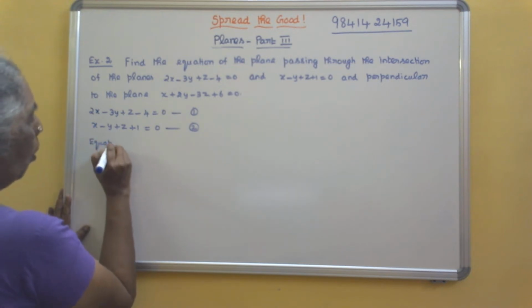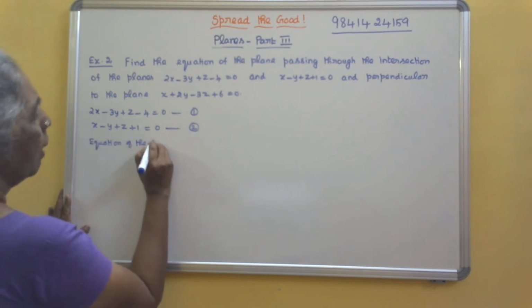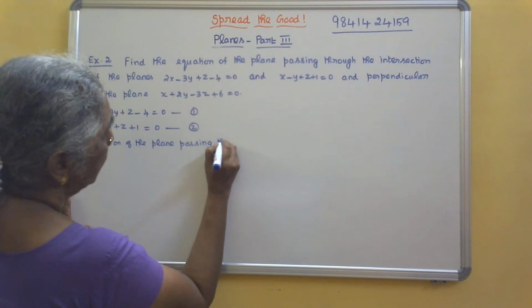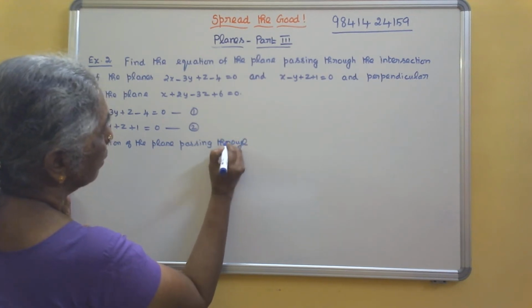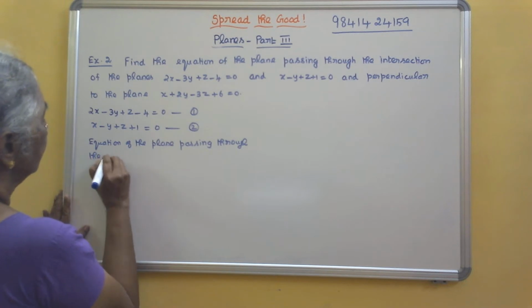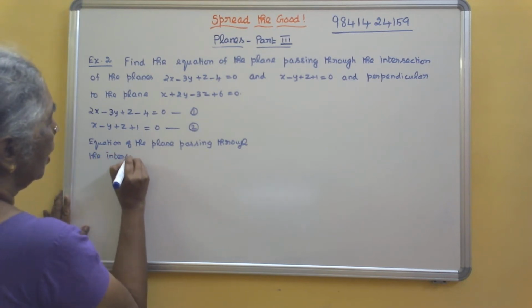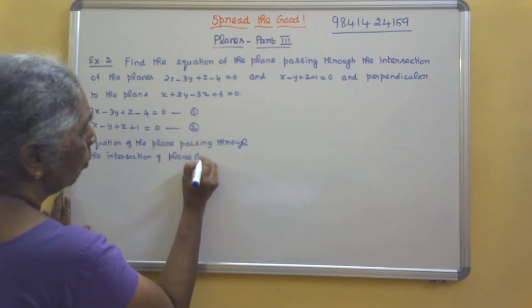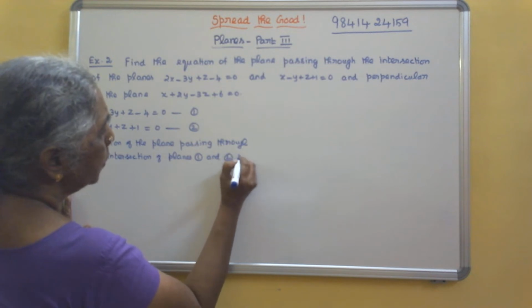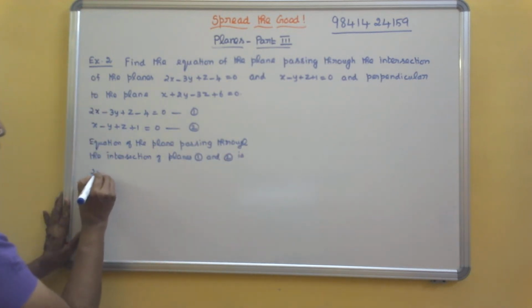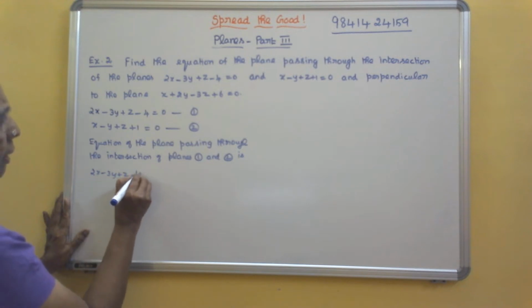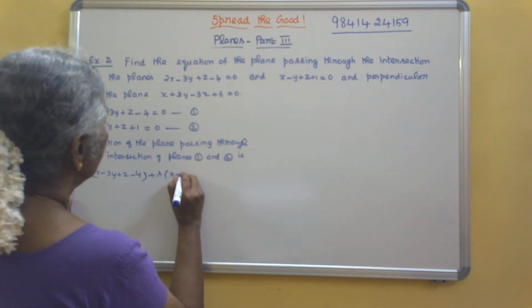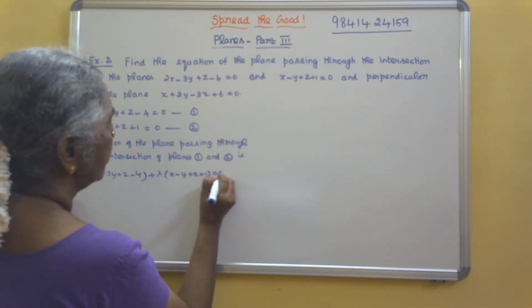Equation of the plane passing through the intersection of planes 1 and 2 is the first plane equation, right, plus lambda times the second plane equation, that is x minus y plus z plus 1 is equal to 0.